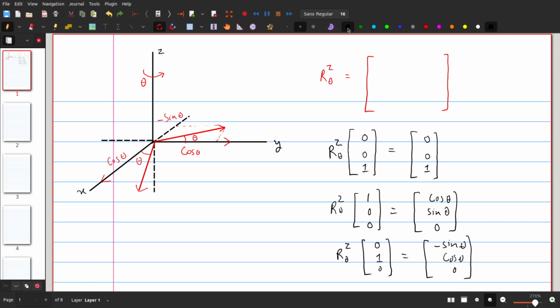Therefore, we can now write our rotation matrix r theta z, whose first column is this vector cos theta, sin theta, 0, second column is this vector minus sin theta, cos theta, 0, and its third column is this vector 0, 0, 1.